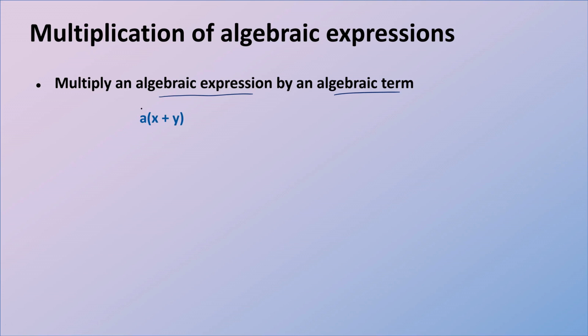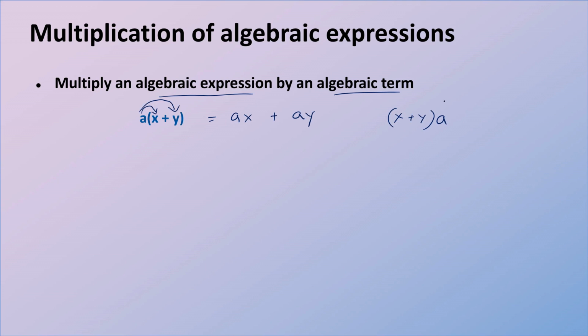So, the amount that mother gives to girls, and then the amount that mother gives to boys. So for girls, she gives A times x, and for boys, A times y. So the expression A times x plus y, we can write in another form as A times x plus A times y.